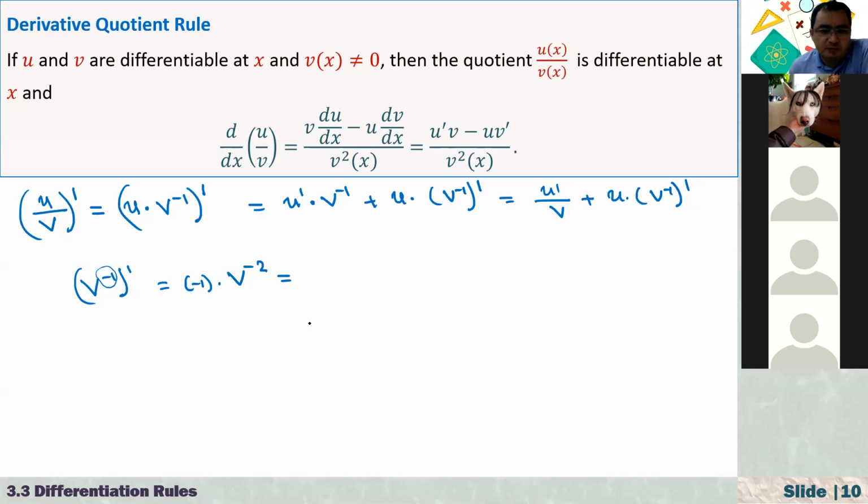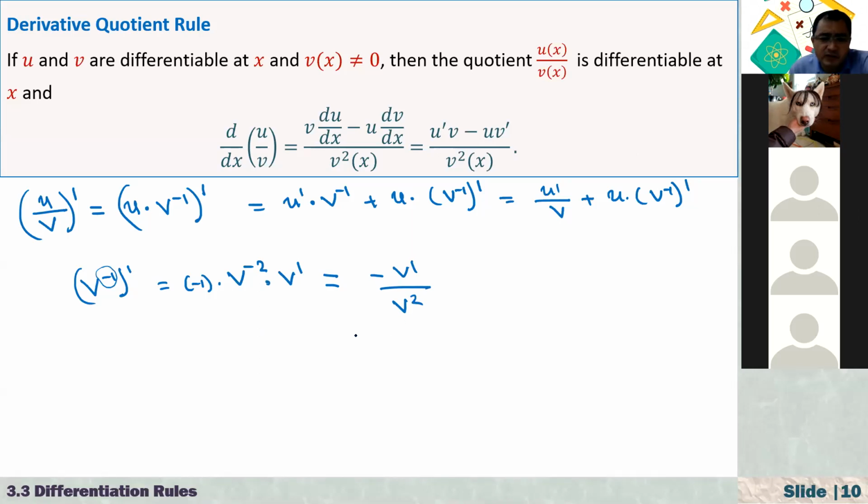But actually, it's a composite function, so I need to write v prime also. So that's equal to minus v prime over v squared.